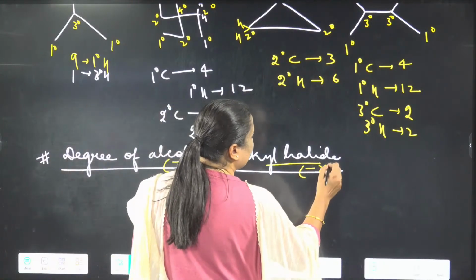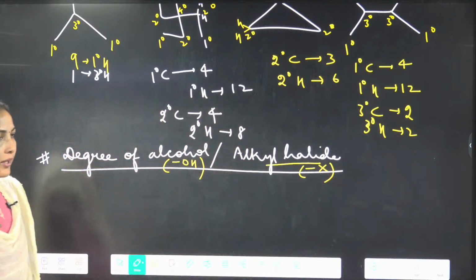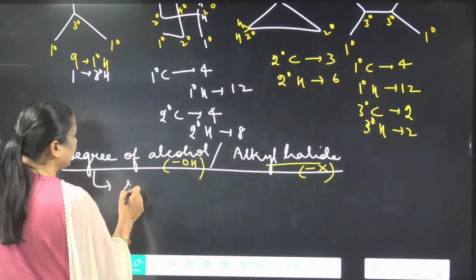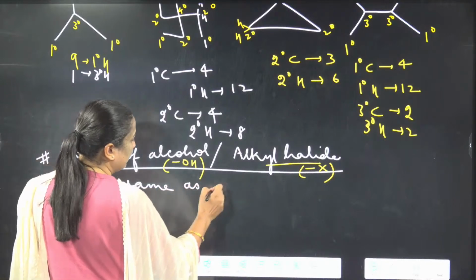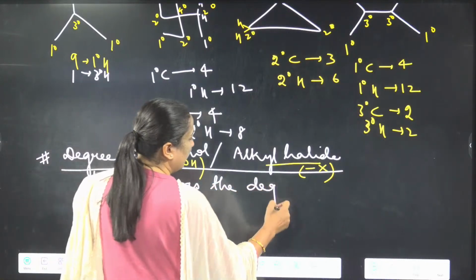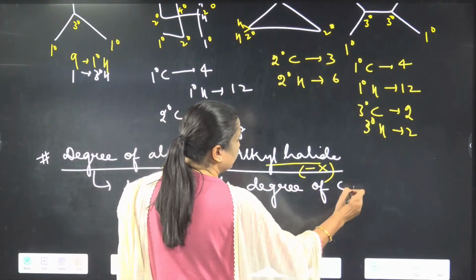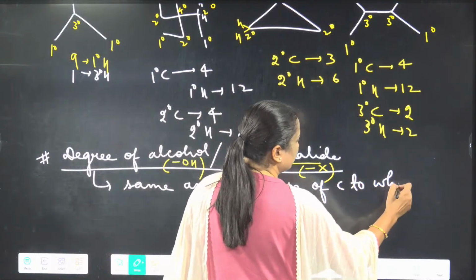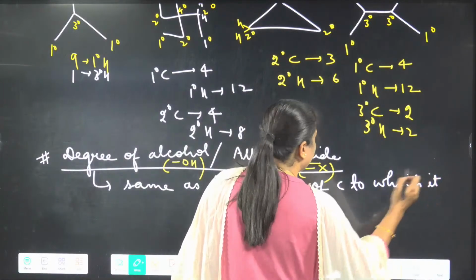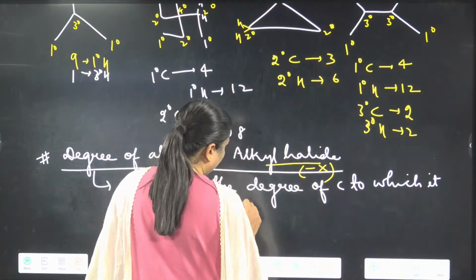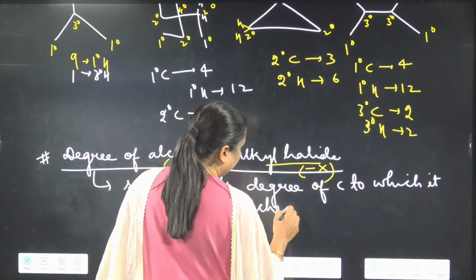Alkyl halide means because of the halogen, fluoro, chloro, bromo, iodo, like that. So I'm going to give you a few examples, you identify them.